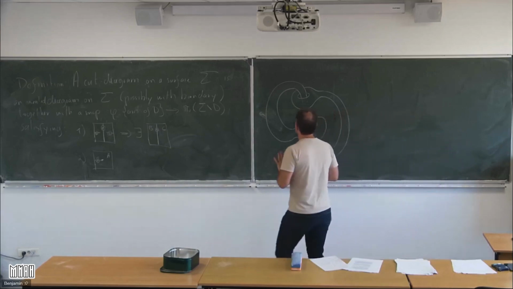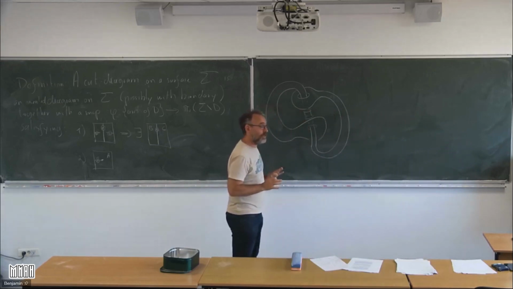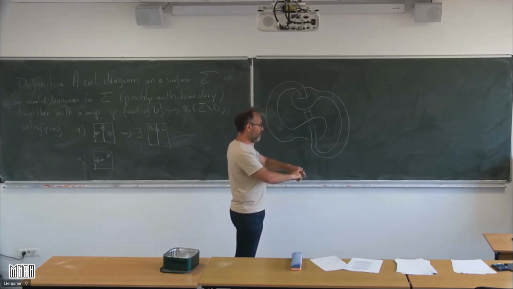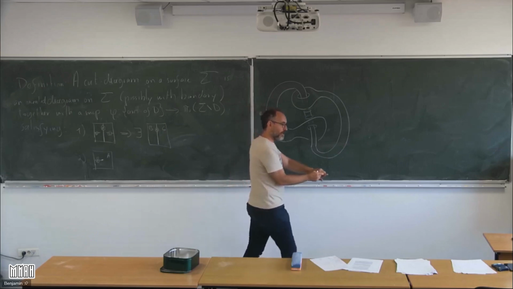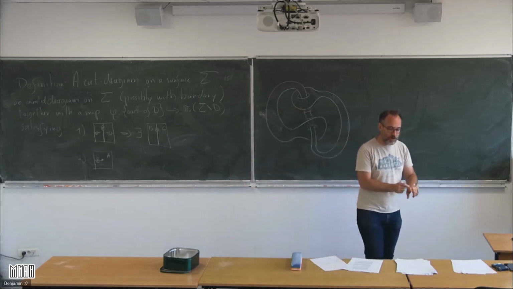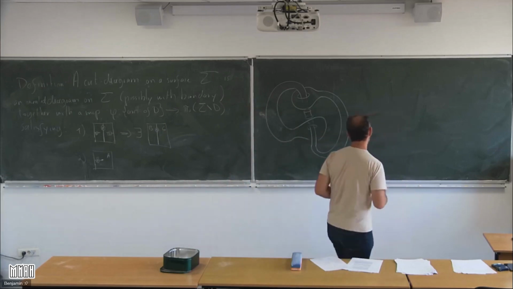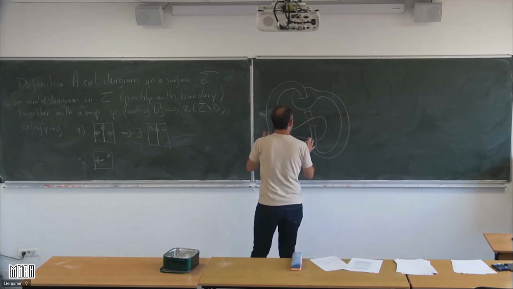So this is just what we do for a classical knot diagram. When there is a double point, which has two preimages, one corresponding to the highest preimage and one corresponding to the lowest preimage, we just remove a small interval around the lowest preimage. And here we do the same.